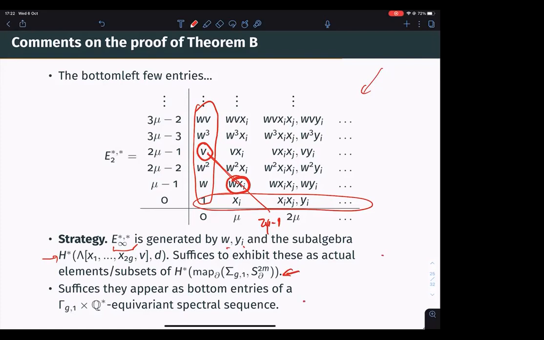In the end, what this boils down to is to find a fibration that has this space in the middle as total space, that is diffeomorphism equivariant, and then in its spectral sequence, if you draw the infinity page, I can find one of the W's and Yi's, or this algebra, lying in the bottom.